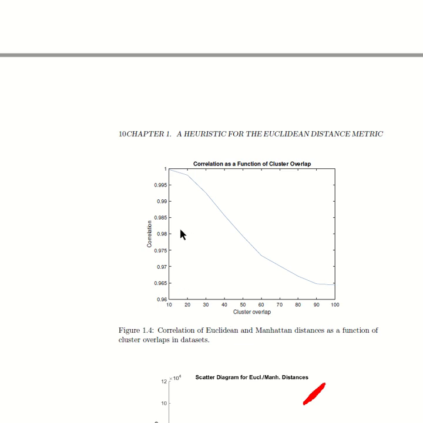So here we see that also the correlation is very high. It's 0.996 or something at minimum, and almost 1 at maximum.